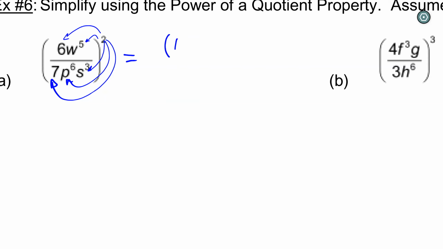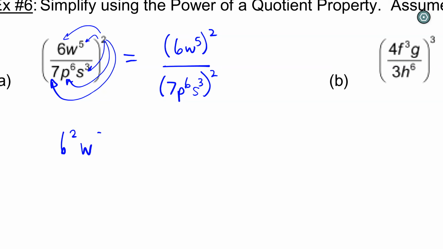This is going to be the same thing as 6w to the 5th squared over 7p to the 6th s to the 3rd squared. So if you ignore the arrows that I drew, that's all this means. If I have the whole division happening to a power, I can distribute the power to the top and the bottom. So I have 6 squared, w to the 5 times 2, over 7 squared, p to the 6 times 2, s to the 3 times 2.